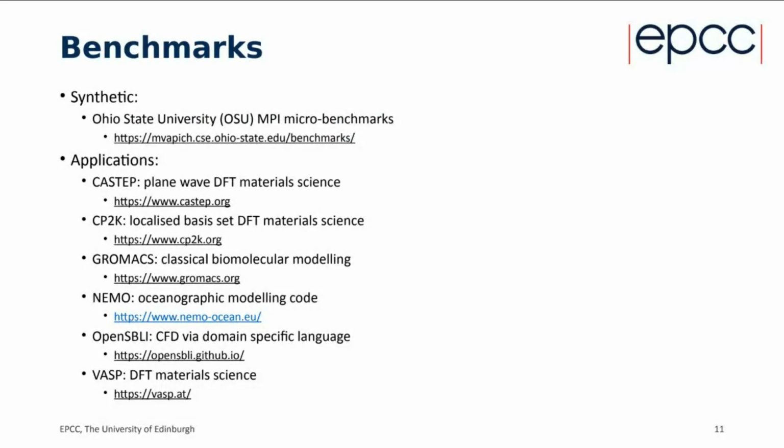The applications CASTEP, CP2K, GROMACS, and OpenSBLI were all part of the original procurement benchmarking set for the service. We also did some runs with NEMO, which is an ocean modelling code, and VASP, which is a materials science code that's heavily used on the service. We've also used some synthetic benchmarks, specifically the Ohio State University MPI micro benchmarks, to try and understand some performance differences that we saw with MPI collective operations.